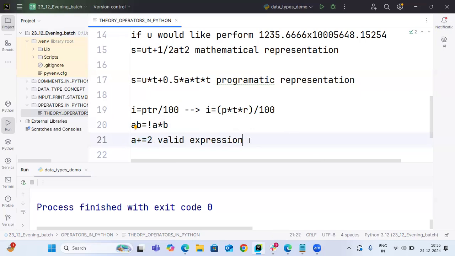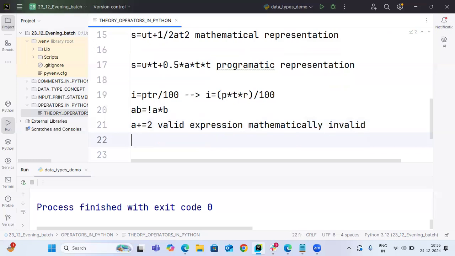Yes or no? No, sir. Mathematically not possible. So this expression is mathematically invalid, but programmatically it is valid.